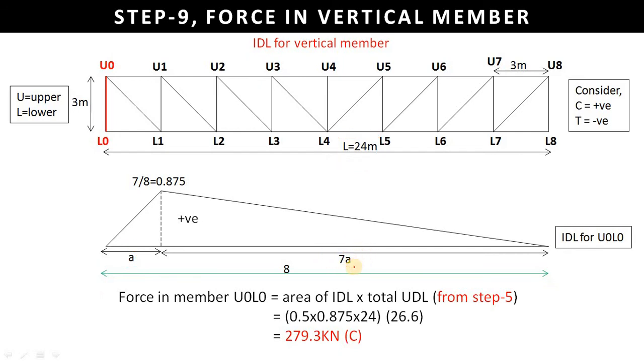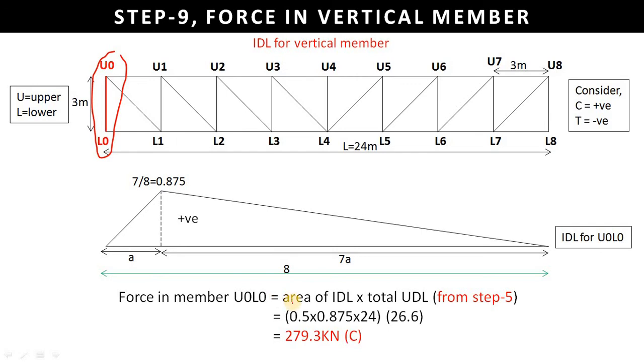So we will calculate the height of this particular ILD as 7, which is the number of panels on the right hand side, divided by the total number of panels, which is 8. So we will have the height of that particular ILD as 0.875. Now we will find the force in the particular member U0, L0.